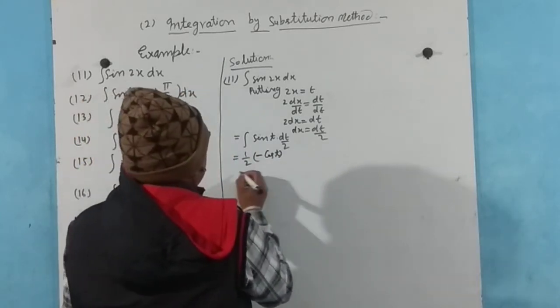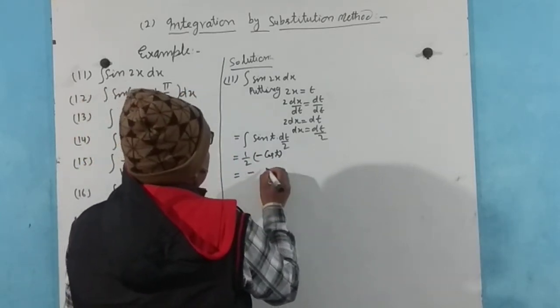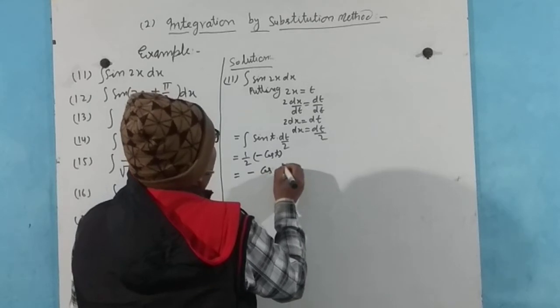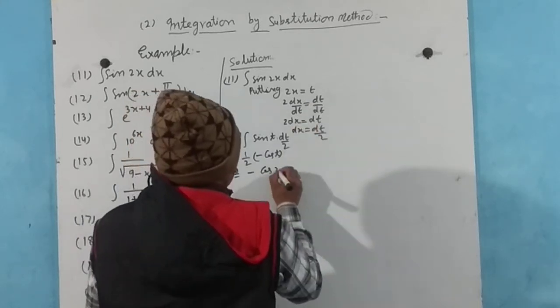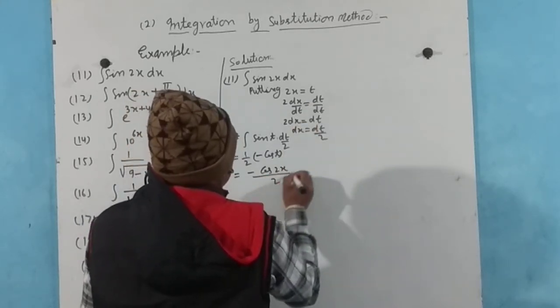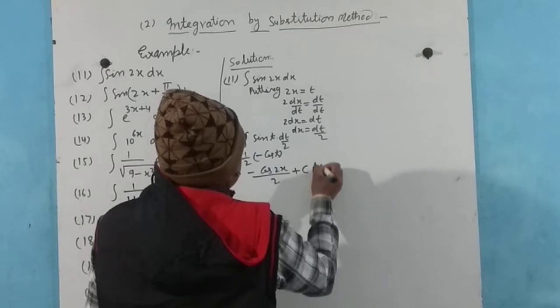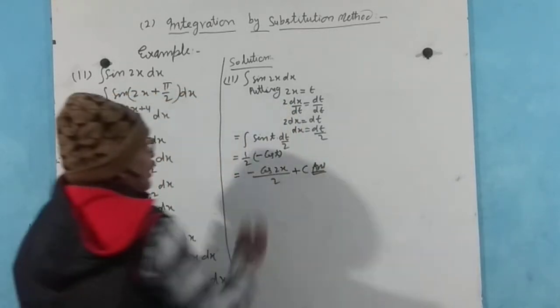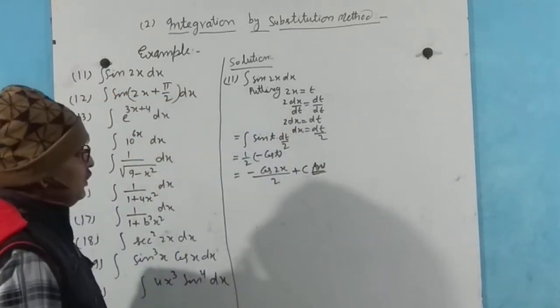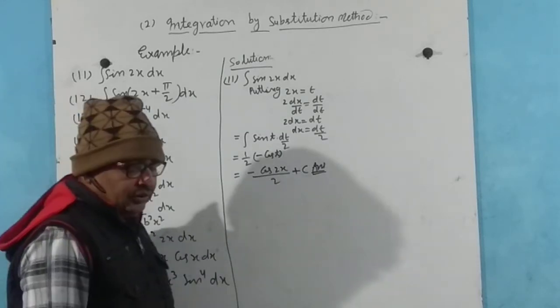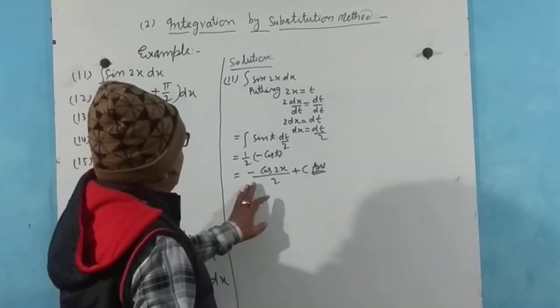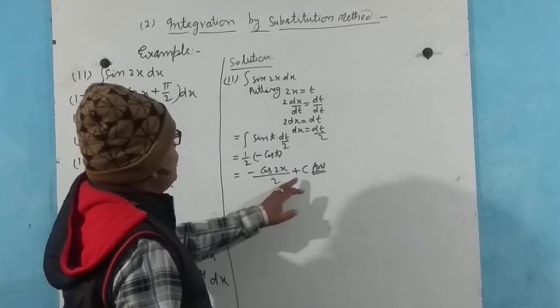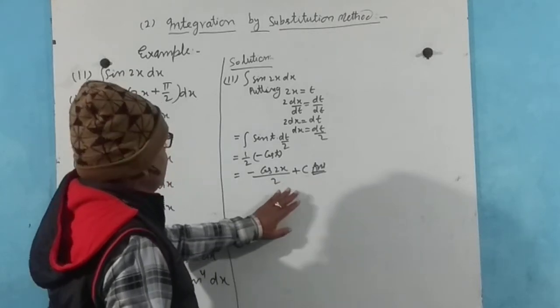Putting the value of t, minus cos of t equal to 2x, by 2 plus c. This is integration of sin 2x dx is minus cos 2x by 2 plus integrating constant c.